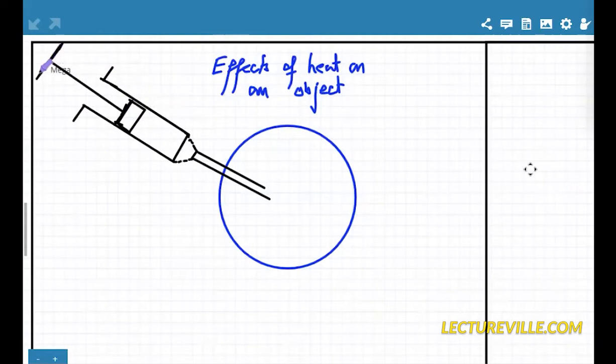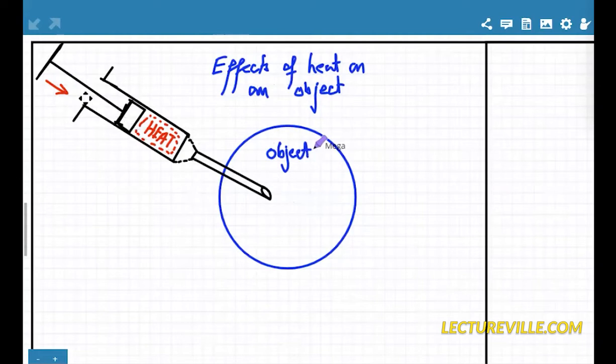This is not the way of injecting heat energy. This is a heat syringe. This is where we have heat. If I push the plunger in, heat energy will go into the object.